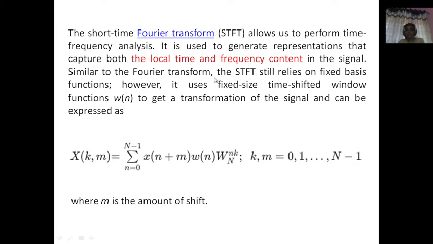Similarly to the Fourier transform, the short time Fourier transform still relies on fixed basis functions. That means a fixed window. However, it uses a fixed size, time shifted window function w of n to get a transform of the signal, and it can be expressed in this way. So X k of m indicates the kth local spectral details.